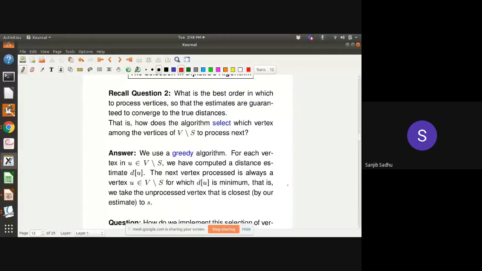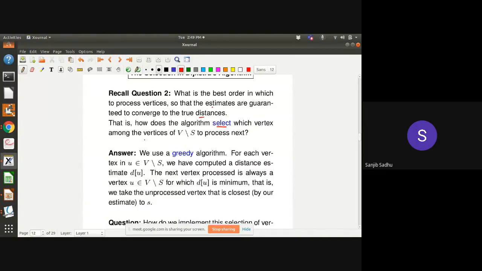Now, what is the next question? There was a question in which order the vertices should be processed. The best order in which to process the vertices is such that the estimates are guaranteed to converge to the true distance. So which vertex does the algorithm select?